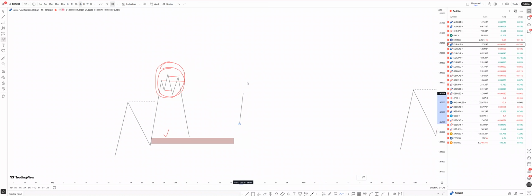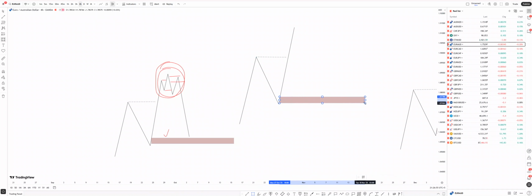We look for a breakout market structure on the daily time frame, internal or major, and draw an order block on this area. Then we go to the H4 time frame, look for a bearish order block and bearish breakout structure shift, then sell from here and target this area.